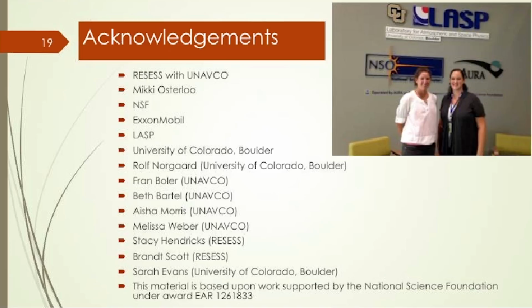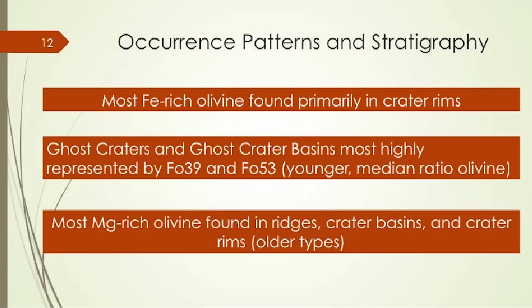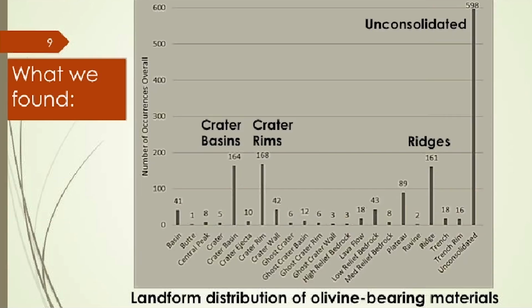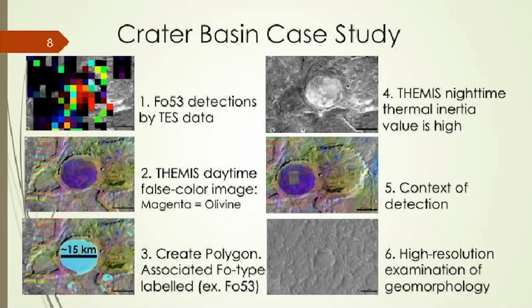I was just curious how much uncertainty there is in determining the olivine type. So you're looking at this imagery, how much wiggle room is there, or do you even know? There's a lot. If you look at the difference between the TES test up here in the top left and the THEMIS, you can see there's a really poor spatial distribution.